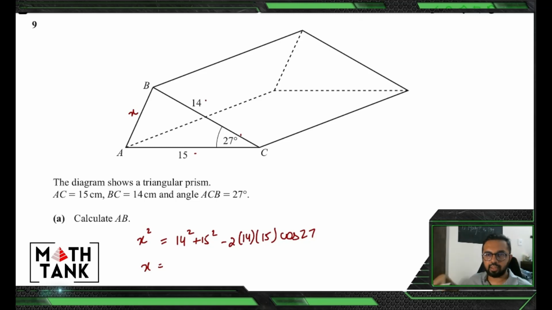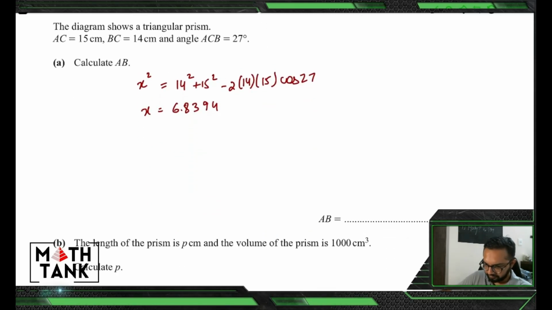So x becomes 6.8394, let's say. Correct to three significant figures it is 6.84, and that is our final answer.